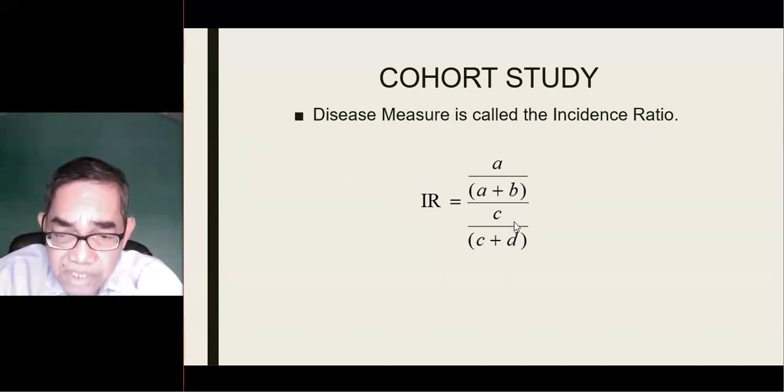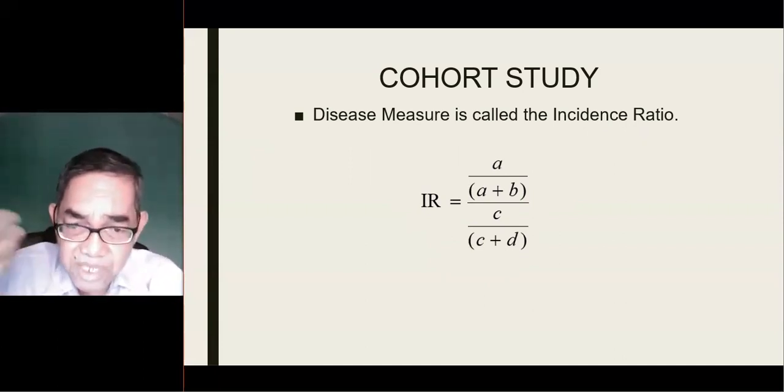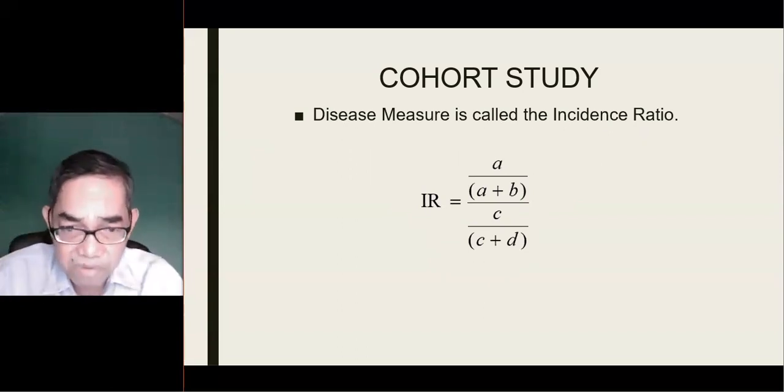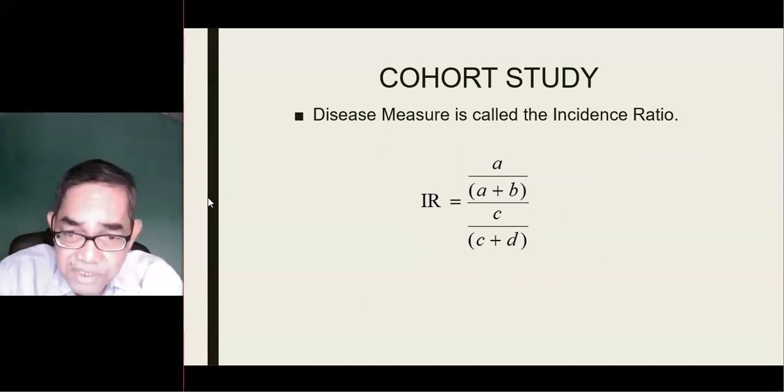This is the incidence of the disease among the unexposed. And the same interpretation. If the incidence ratio is equal to 1, there is no relationship. 1 is a null value. If the incidence of the disease among the exposed is higher than the incidence of the disease among the unexposed, then the incidence ratio is greater than 1.